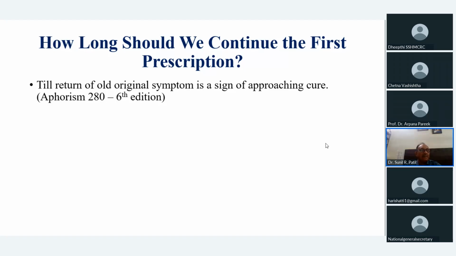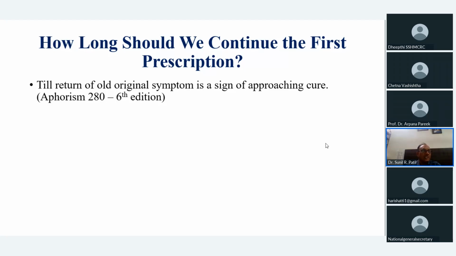This is put in the aphorism, I think 246, in the sixth edition of the Organon of Medicine. As soon as new troublesome symptoms make their appearance in the course of the treatment, the first prescription needs to be changed.